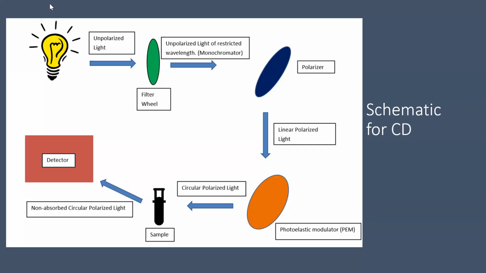So for a schematic that I designed on Word for the CD design, you have an intense white, unpolarized light source that will travel through a filter wheel. The filter wheel selects a desired wavelength, like a monochromator. That wavelength of light passes through the filter wheel, but is still unpolarized.